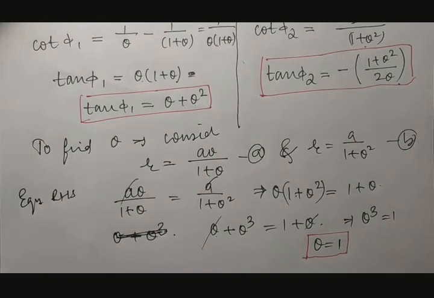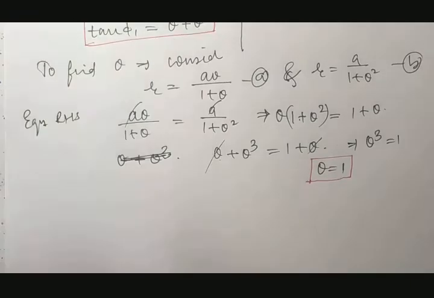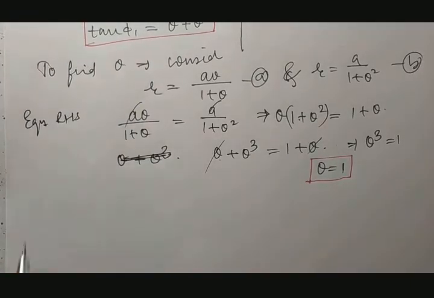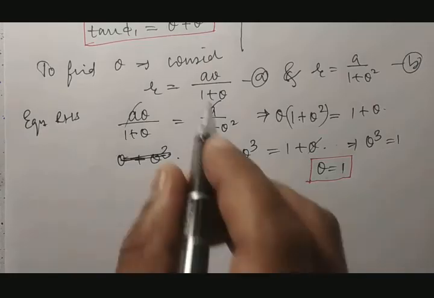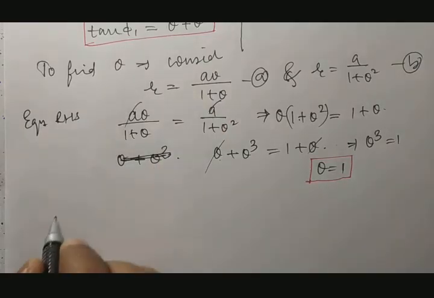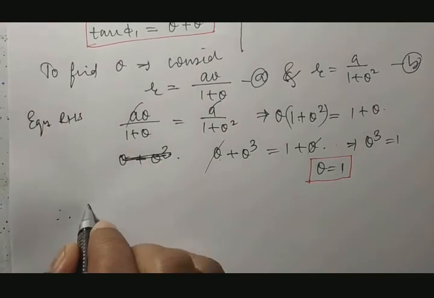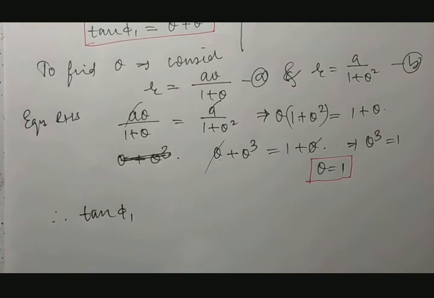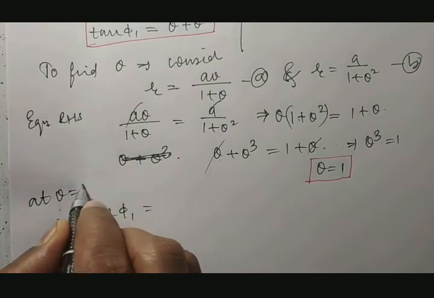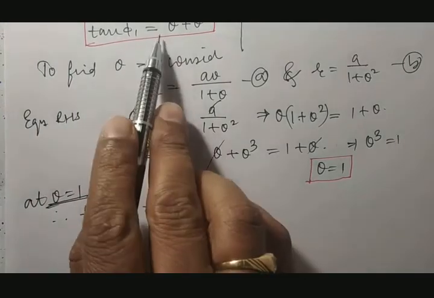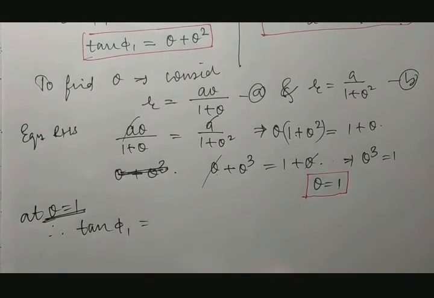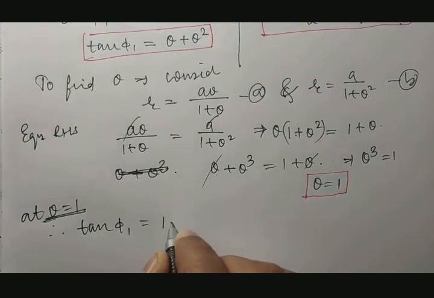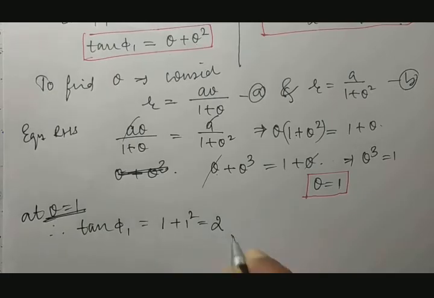Therefore, substituting this value in the tangents. Tan phi 1 at theta equal to 1 will be theta plus theta square, that is 1 plus 1 square, which is nothing but 2.